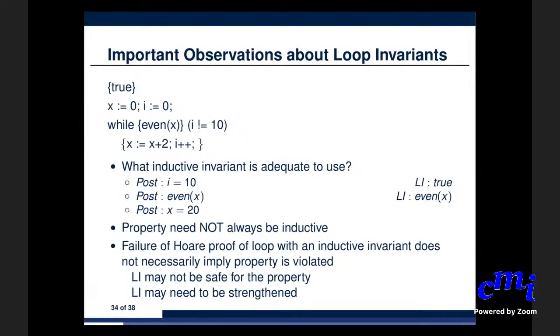Okay, and therefore, unless it is the strongest loop invariant, it may include not only the permissible, legal values that you can get, but also unreachable other values.